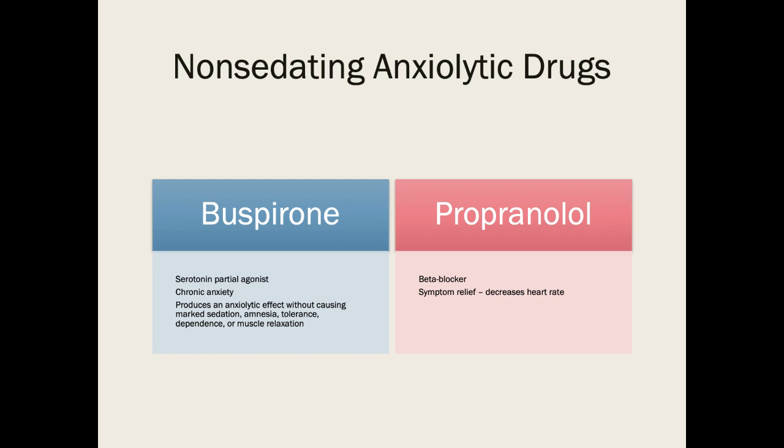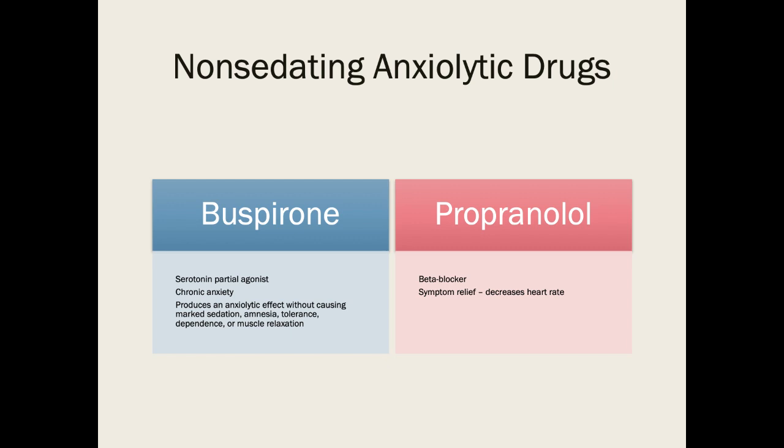Same thing with propranolol. So you notice propranolol is a beta blocker, and it's one of our non-selective beta blockers. Well, why would we be on a beta blocker for anxiety? Well, when you have an anxiety attack, or issues with anxiety, we've got extra squirts of adrenaline. We've got epi, norepi being released during these events.